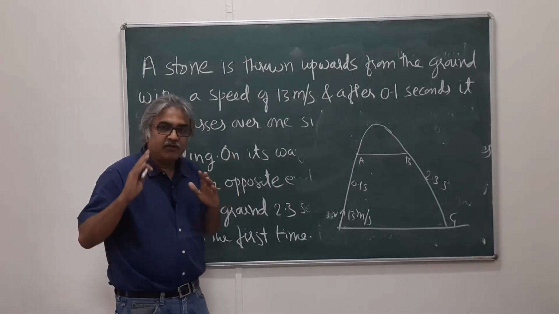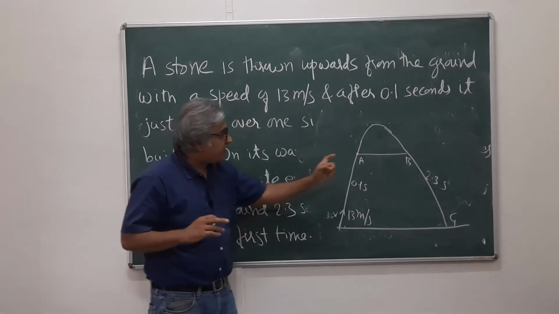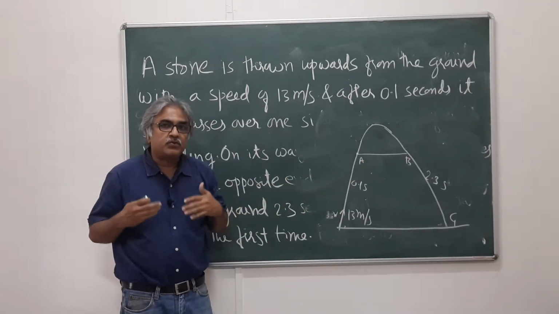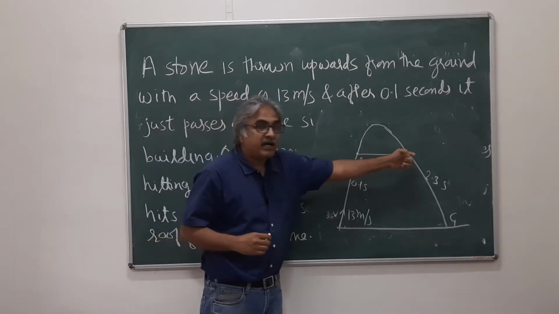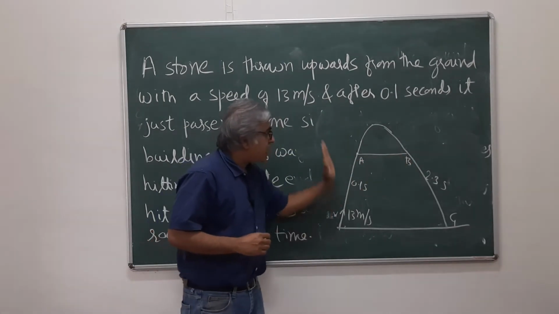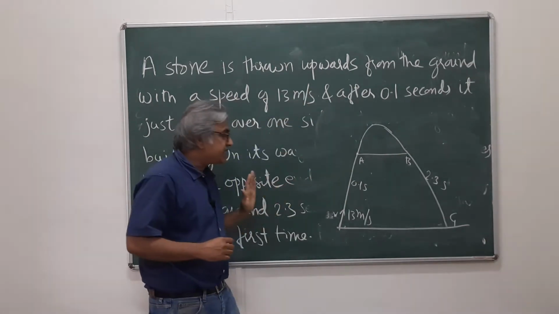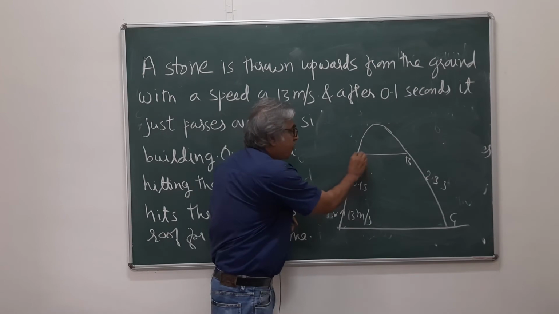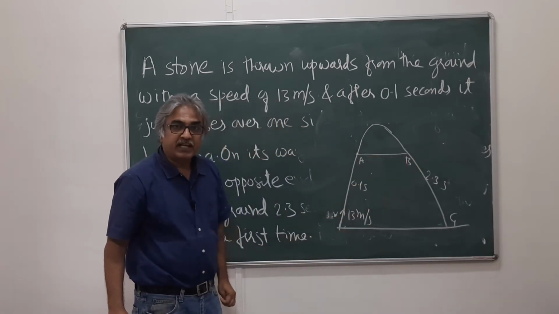Right now, suppose we know this is a projectile and if we want to find out AB, something should come to our mind directly, that this is nothing but the horizontal displacement of the projectile. So the projectile is moving up and moving towards right. It moves up, then comes down, but basically it's moving up and down and moving horizontally. So from this point to this point, this is the horizontal displacement of the projectile.